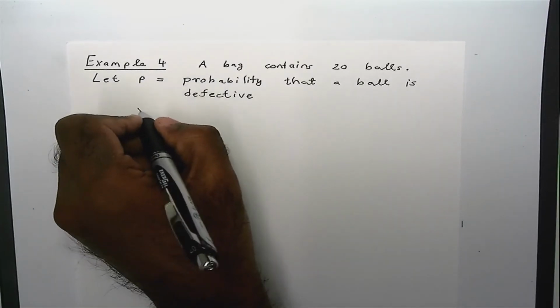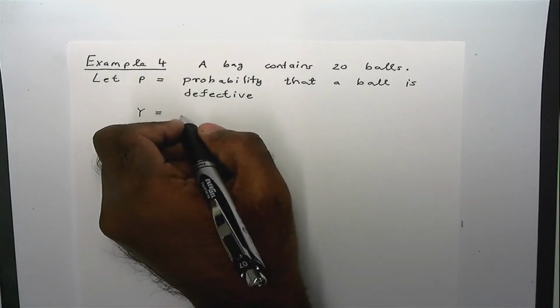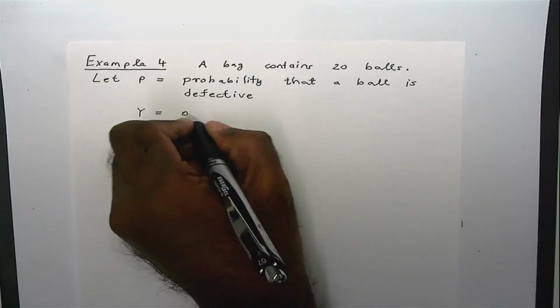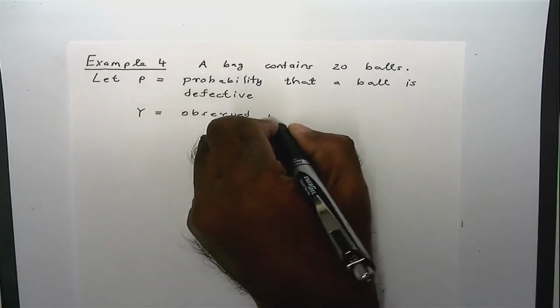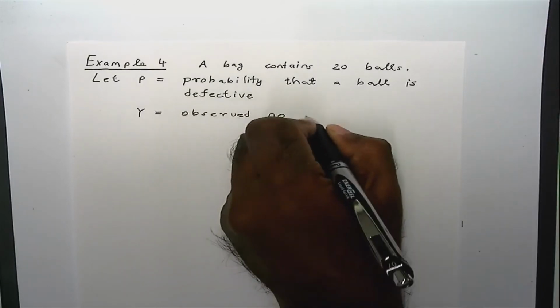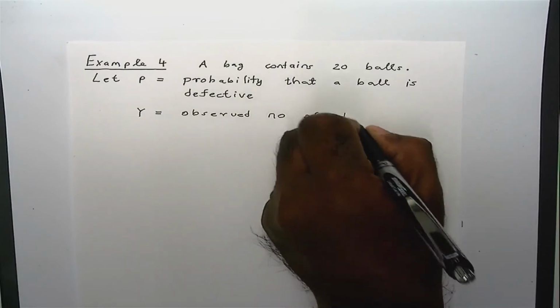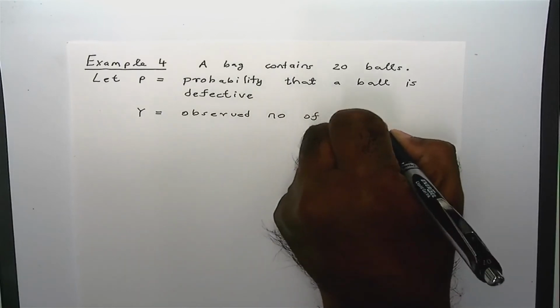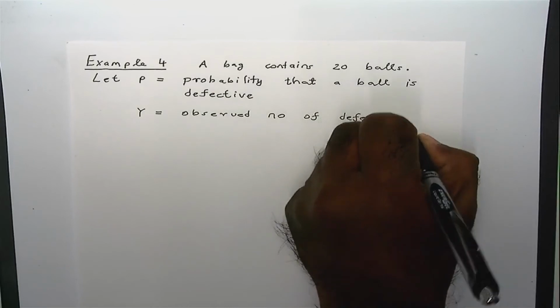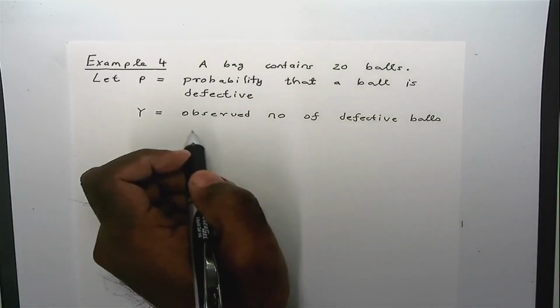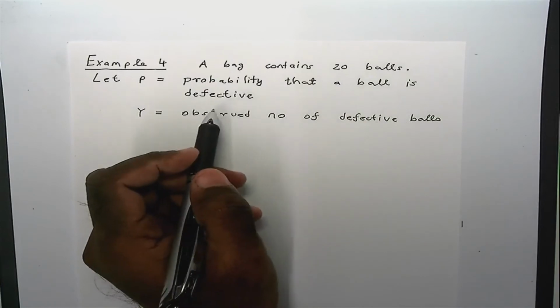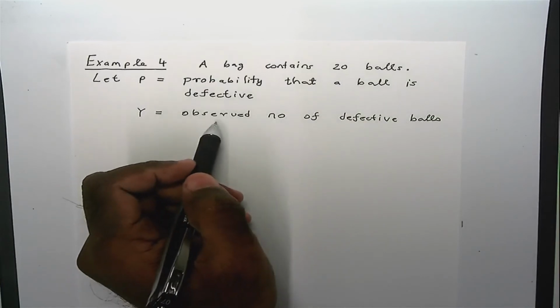And let Y denote the observed number of defective balls. So you're choosing one ball at a time, and Y denotes how many of the balls turned out to be defective.